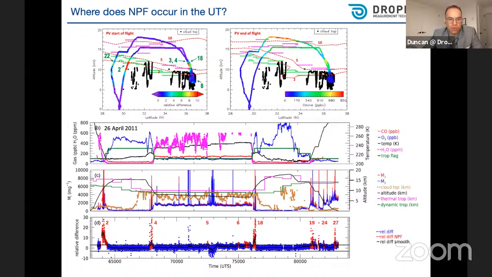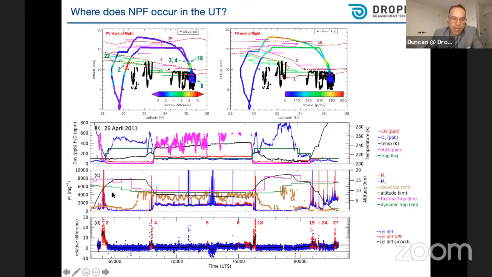And let's focus here on the bottom figure to begin with. This is a time series of the relative difference. And we see these excursions in the relative difference identifying these particle formation events. So in total, in this particular case, on 26th April, there were about 27 particle formation events. So then we start looking at where they occur.